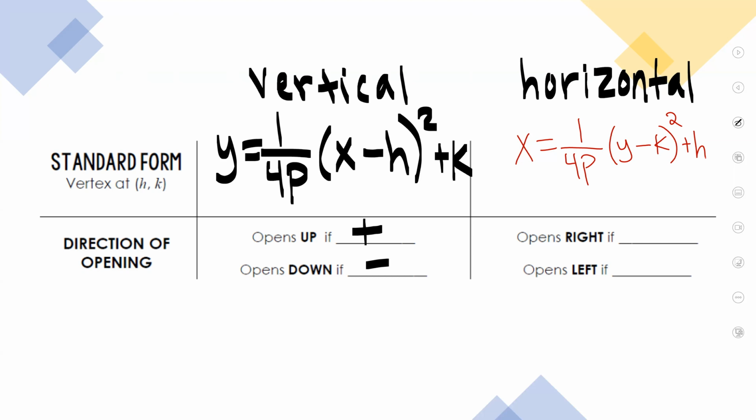So notice your vertex reverses. It opens right if it's positive. It opens left if it's negative, okay? So for example, guys, if I stick a negative in the very front, that means this graph is facing down. If I put a negative in the very front, that means it's facing the left. Okay? All right, so let's look at an example.